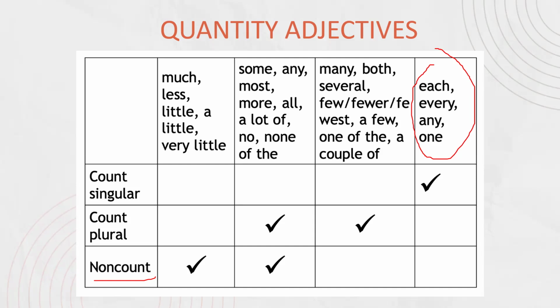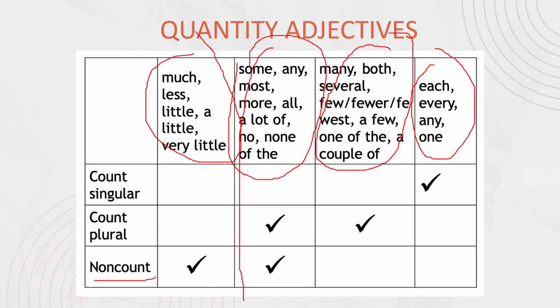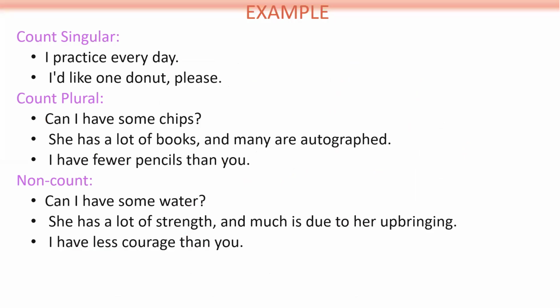Yung count plural nouns, only, some, ito lang yung mga pwede niyong gamitin na adjectives, okay? And then non-count, this, and of course this. Okay, let's take a look at the example. Count singular. I practice every day.